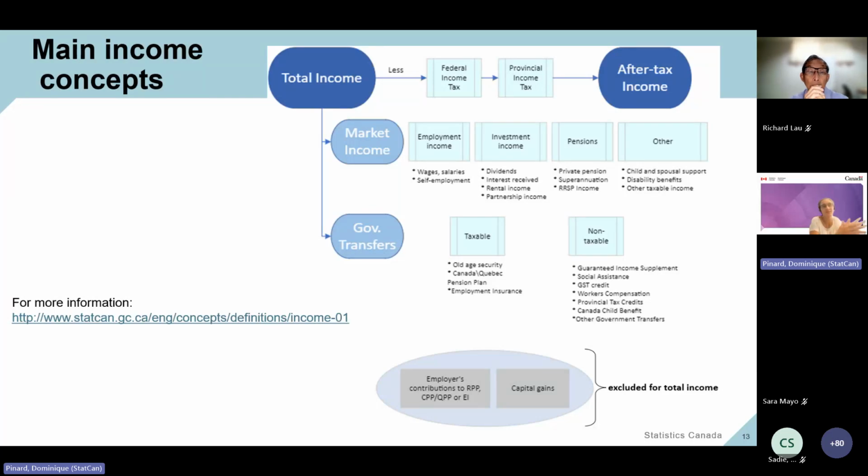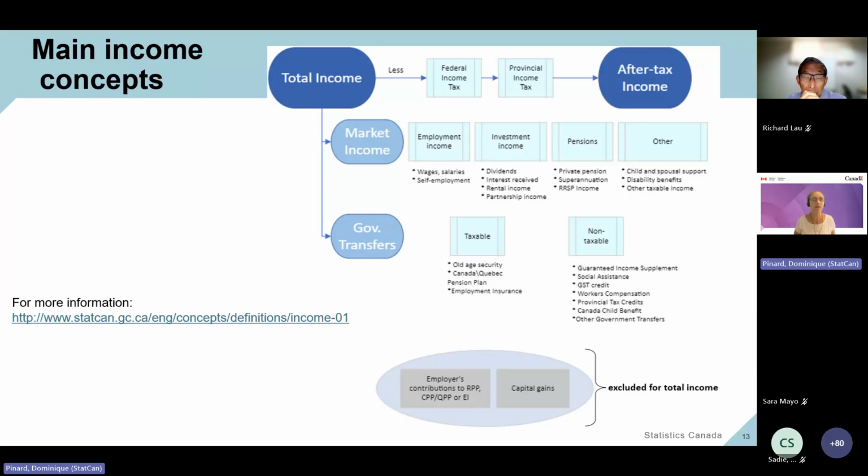Here you see the bread and butter: total income and after-tax income. One of the big strengths of the TIF is being able to break down total income into all these income sources, and all those elements that you see on the slide are available on the TIF dataset.